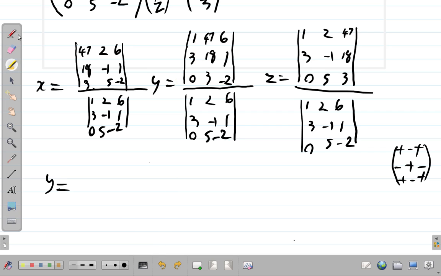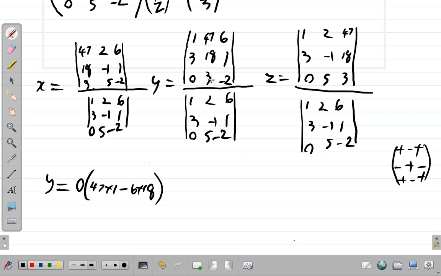So we have 0 times the uncovered elements, which would be these. So it's 47 by 1 minus 6 by 18.